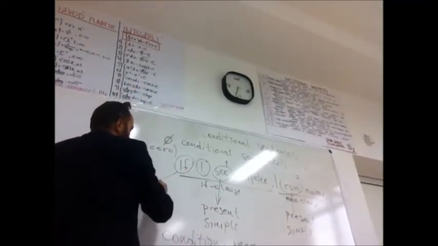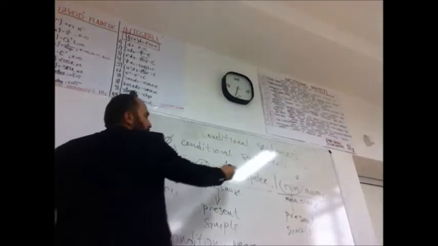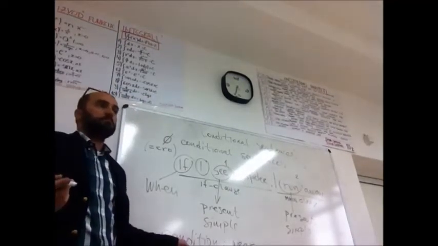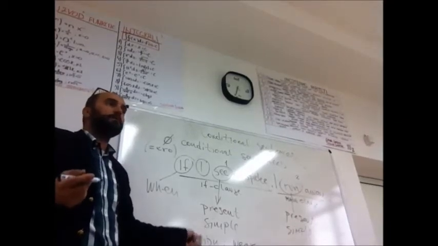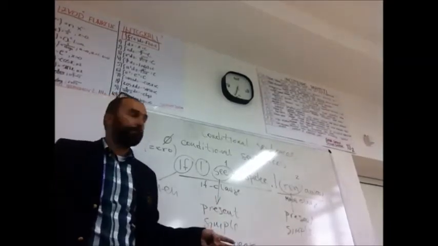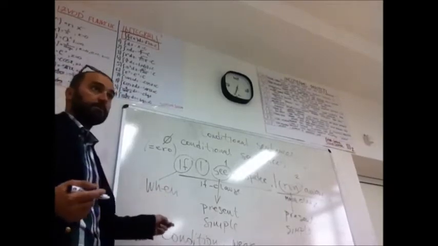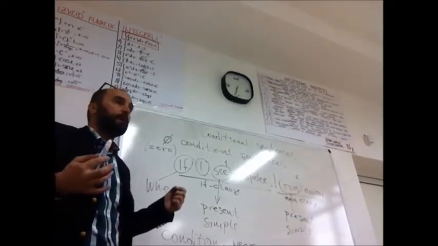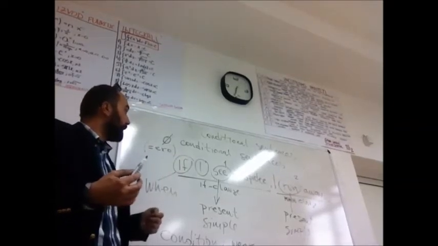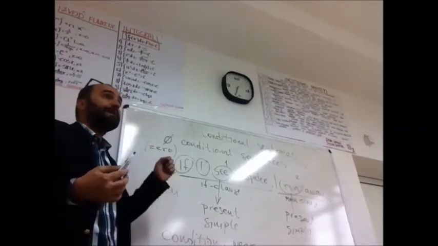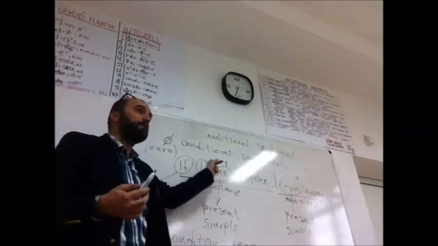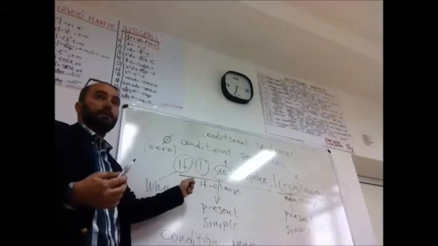Actually, you can say, when I see a spider, I run away. So the condition can be completed easily. Have you understood this? The main point, as far as these conditional sentences are concerned, is to remember the structure of each of these types.